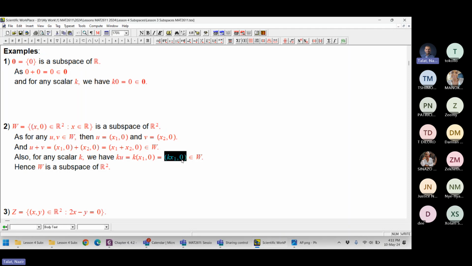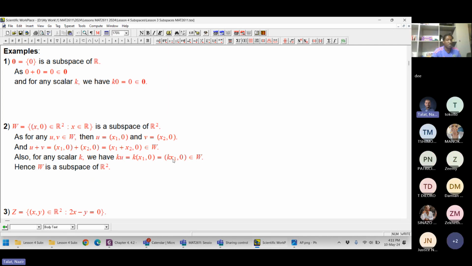Again, this belongs to W because the first element is of the form k x1, where x1 is a real number, and multiplying k with a real number gives again a real number. So kU is also an element of W. Both conditions are satisfied. Hence, we conclude that such a set W is a subspace of R square.